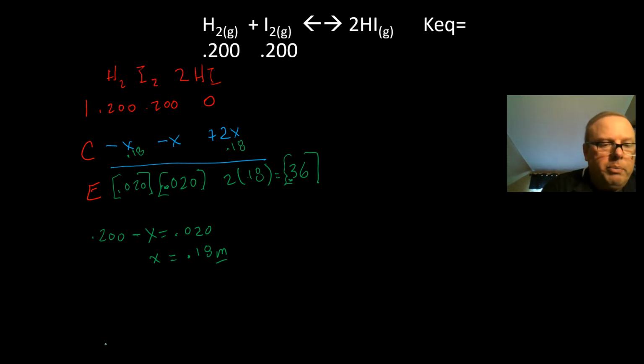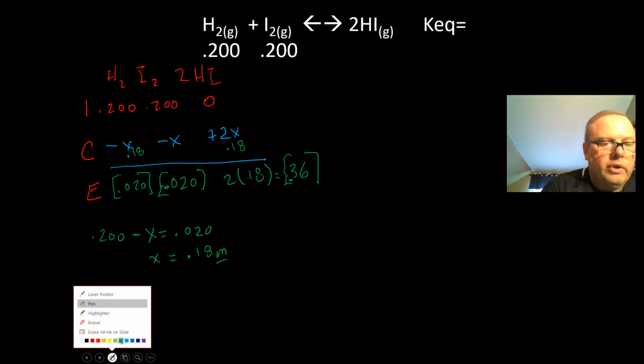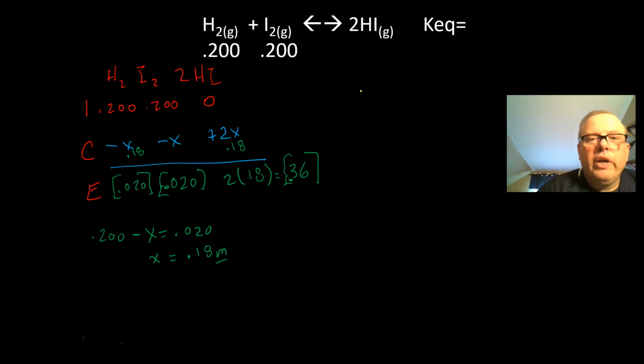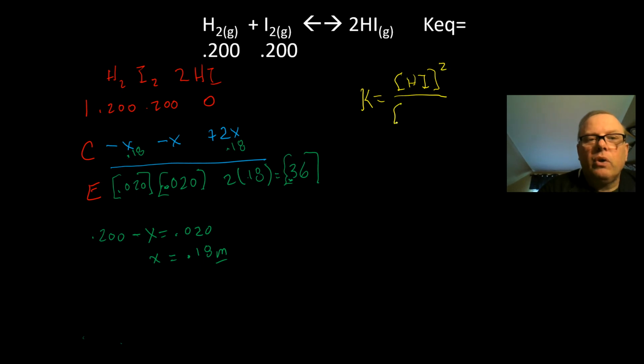So my equilibrium statement, which we're now going to write here, once I find where that is. There you are. Okay, let's do it in yellow. K here equals the hydrogen iodide concentration squared over the hydrogen times the iodine concentrations.